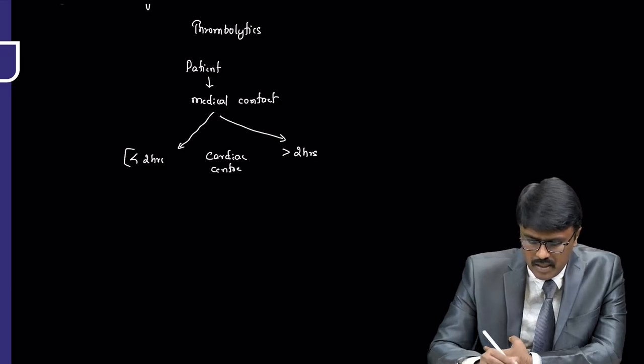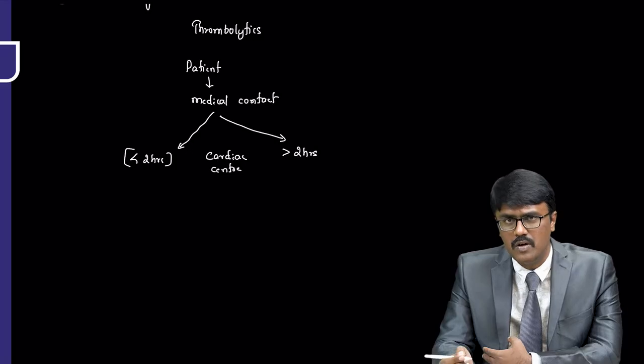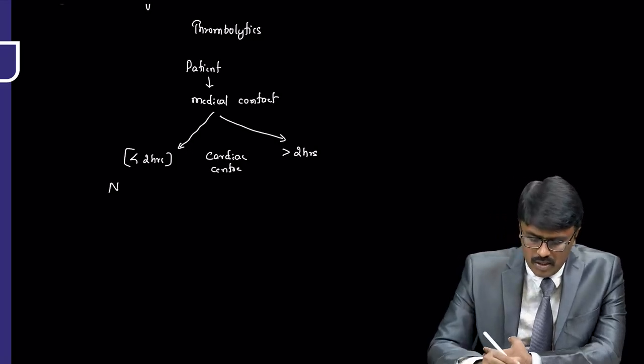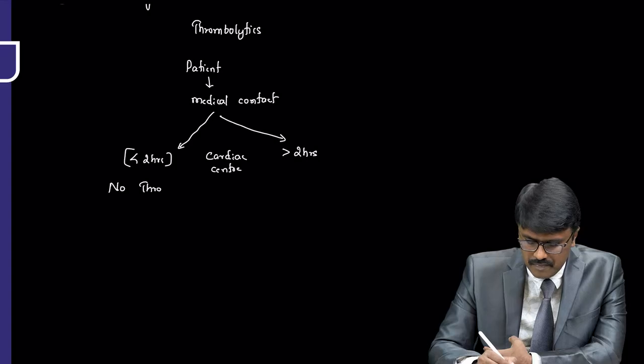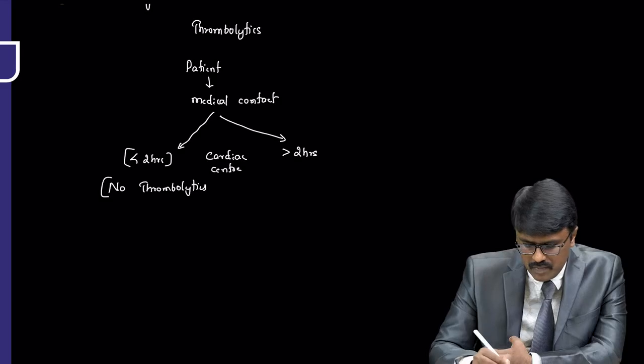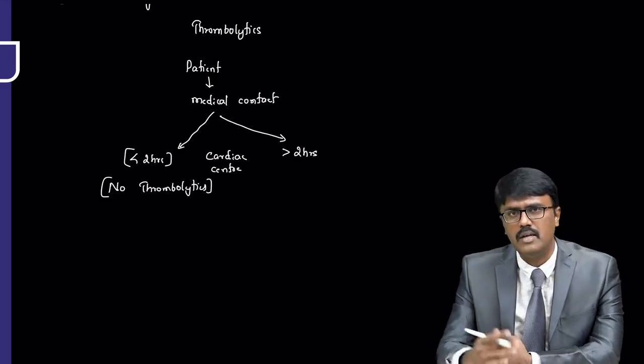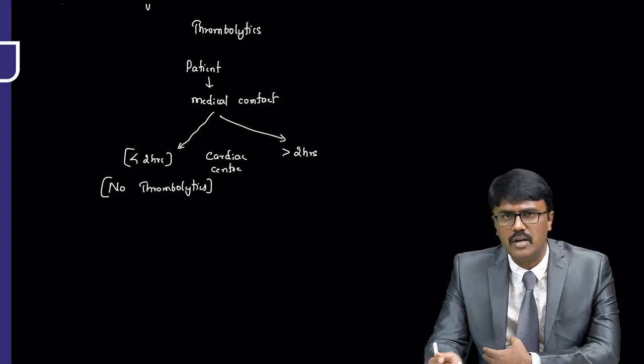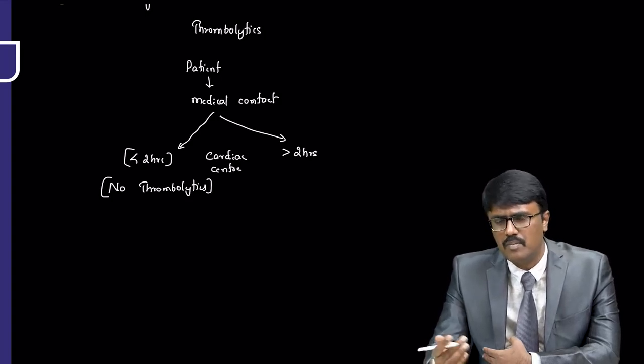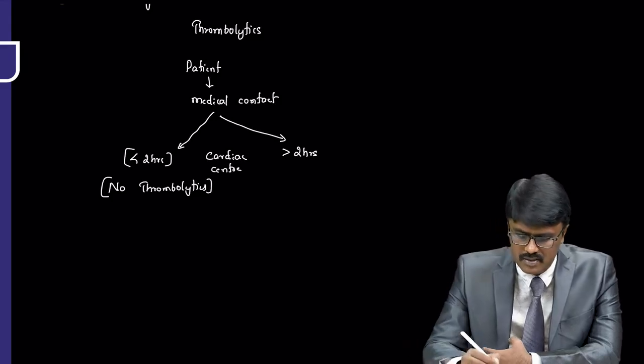If the patient can reach the cardiac center within 2 hours, that is 120 minutes, don't give thrombolytics. No thrombolytics. Because if he can go within 2 hours, the cardiac center will manage him. They will start angiography and they can put a stent or do bypass depending on the patient's risk.